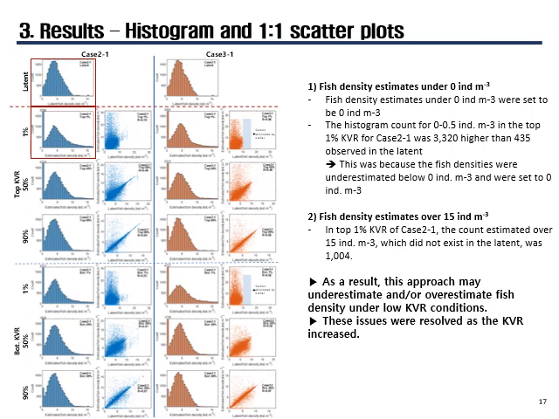This was because the fish densities were underestimated below 0 individuals per cubic meter and were set to 0.